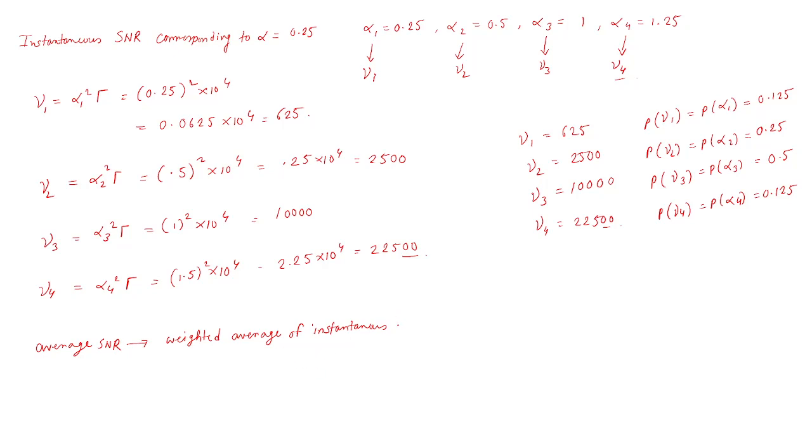Now average SNR is obtained as the weighted average of the instantaneous SNR, where the weights are the corresponding probability values.